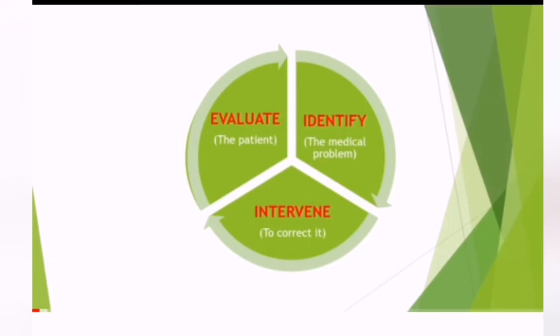If the airway is maintainable, we have to open it by head tilt, chin lift, or jaw thrust if cervical spine injury is suspected. But if the airway is not maintainable, this means we have to go for advanced airway intubation by putting an endotracheal tube, LMA or tracheostomy tube.